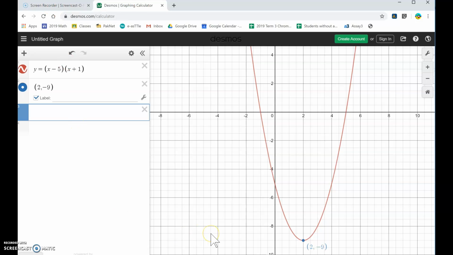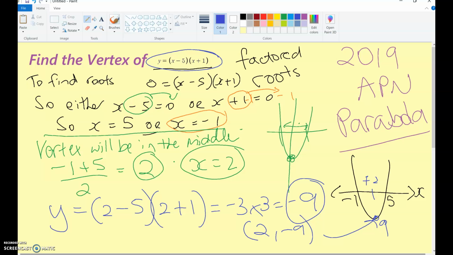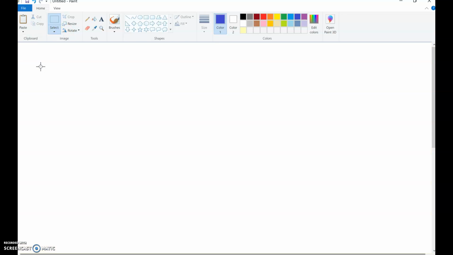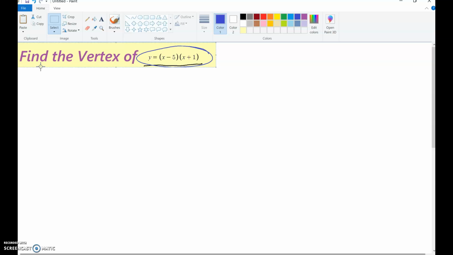All right, that's not what this video is about, 3 minutes into it. What I want to show you is how to put this into the vertex form. So I'm going to do this an entirely different way. So let's just select that, Control C, we'll select all, we'll delete it and Control V. Okay, so this time we are going to put it into vertex form.